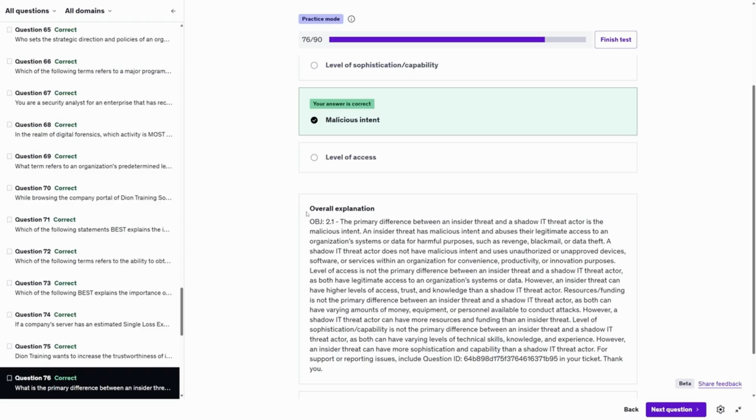However, a shadow IT threat actor can have more resources and funding than an insider threat. Level of sophistication/capability is not the primary difference, as both can have varying levels of technical skills, knowledge, and experience. However, an insider threat can have more sophistication and capability than a shadow IT threat actor.